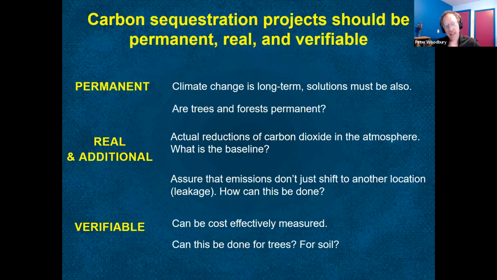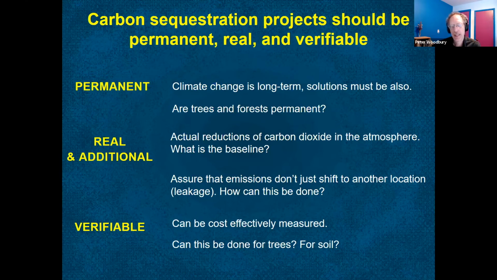We also want carbon sequestration to be real and additional. So we want it to be on top of what we're doing already. And in this case, we want actual reductions of carbon dioxide from the atmosphere. But what this means is we don't want to just plant trees in one area and cut trees down in some other area. That's called leakage.